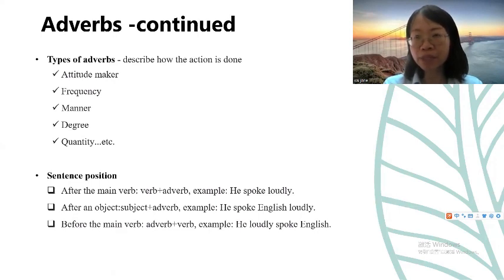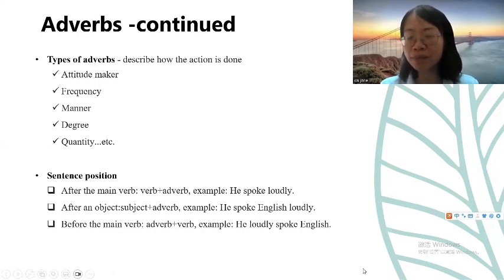The main verb is still spoke, but the adverb can be placed before spoke. Okay, so this is about adverbs and their usage. I'm not sure if anyone still has any questions or comments about this main knowledge.